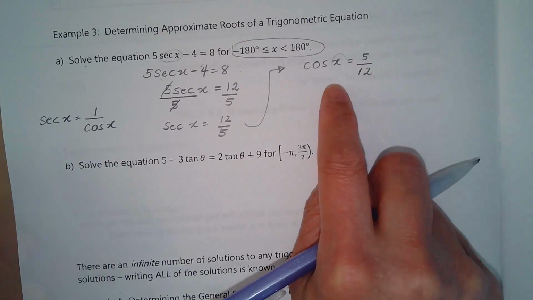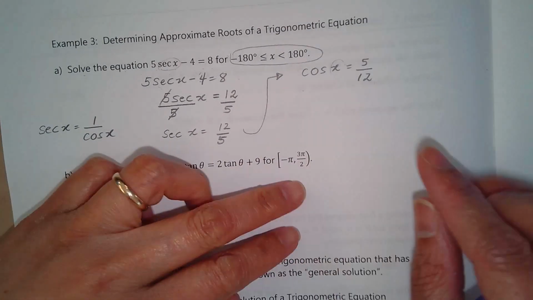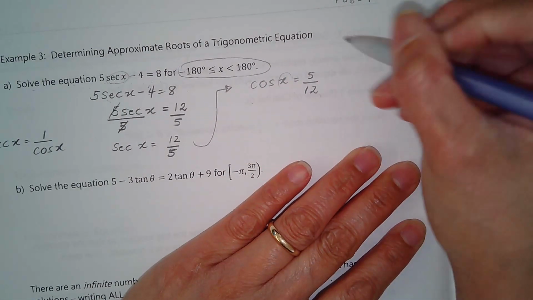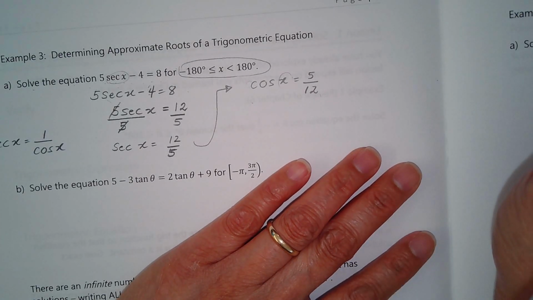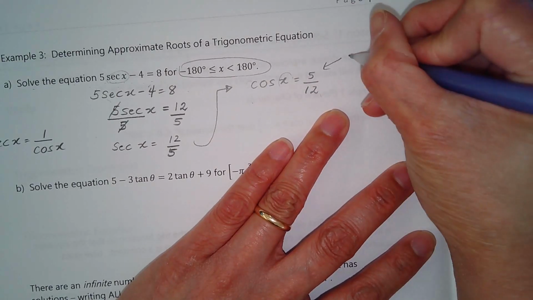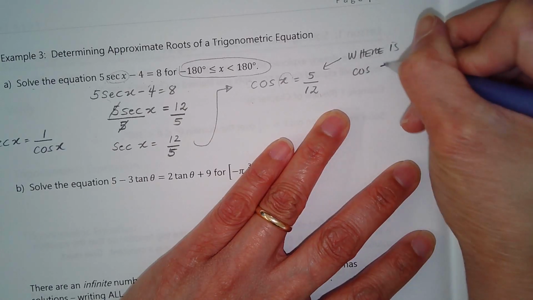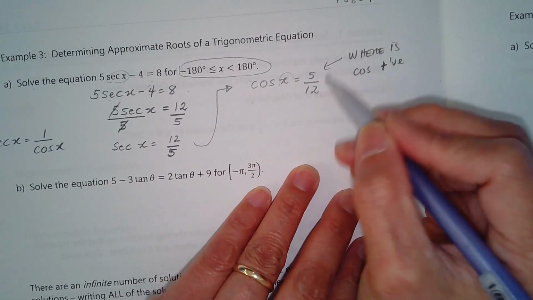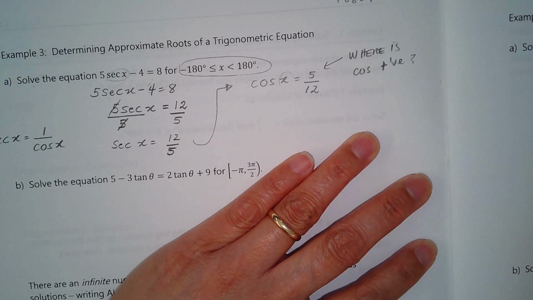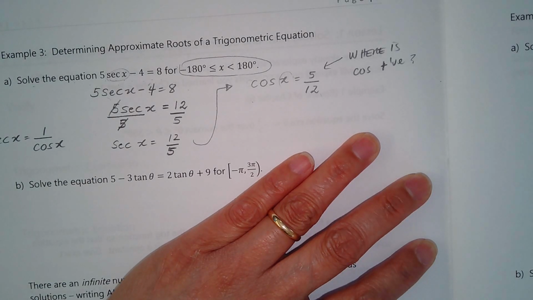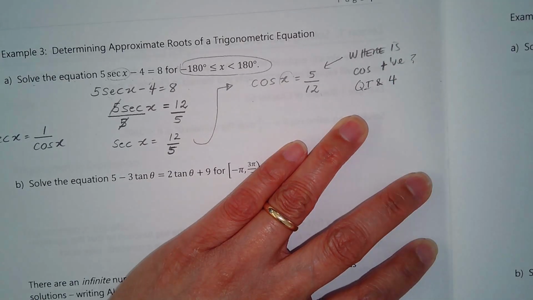Now, how do we solve for x? Well, there could be many answers to this. The question we're going to ask is, where is cosine positive? Because this is a positive 5 over 12, cos is positive in quadrants 1 and 4.